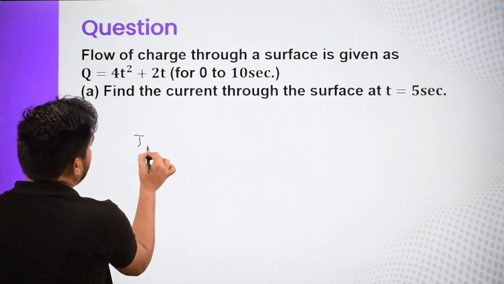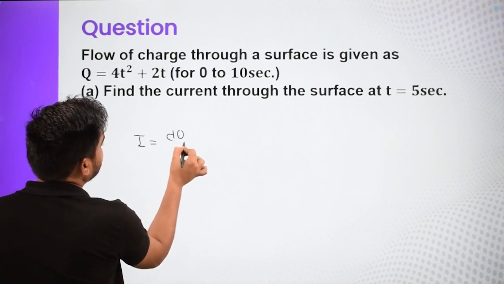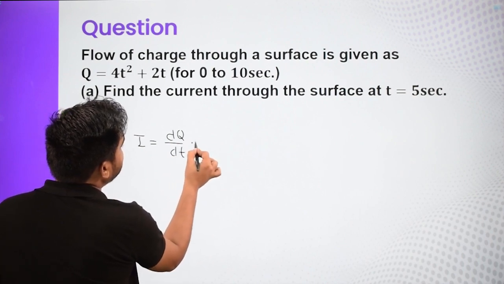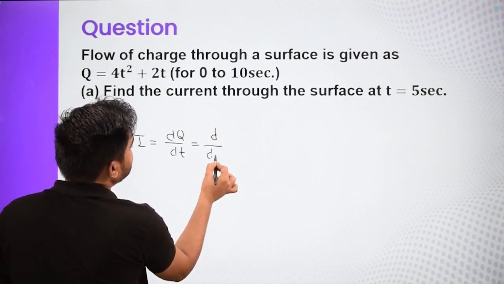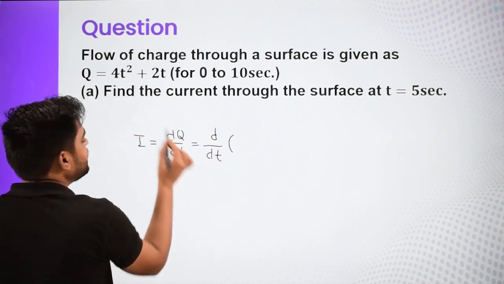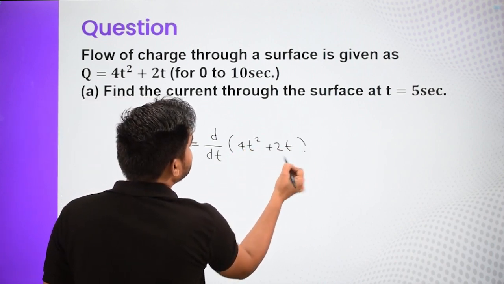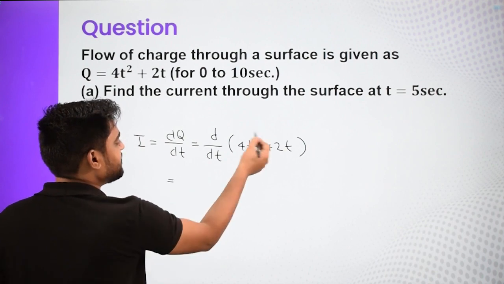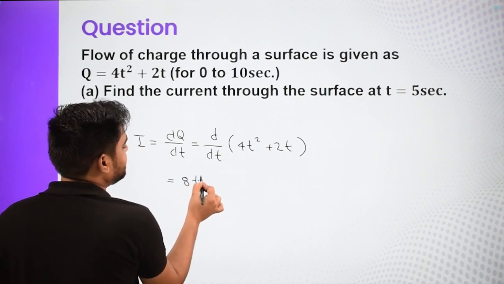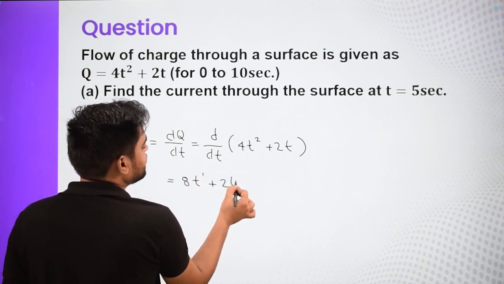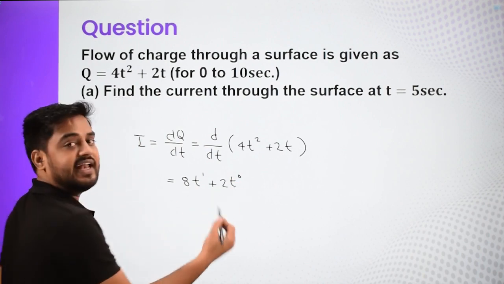So I is nothing but dq by dt, the differentiation of q. And what is q? Q is basically 4t square plus 2t. Just differentiate this. When we differentiate, this power comes here, this becomes 8t raised to 1 plus 2t raised to 0, right? And eventually that is 8t plus 2.